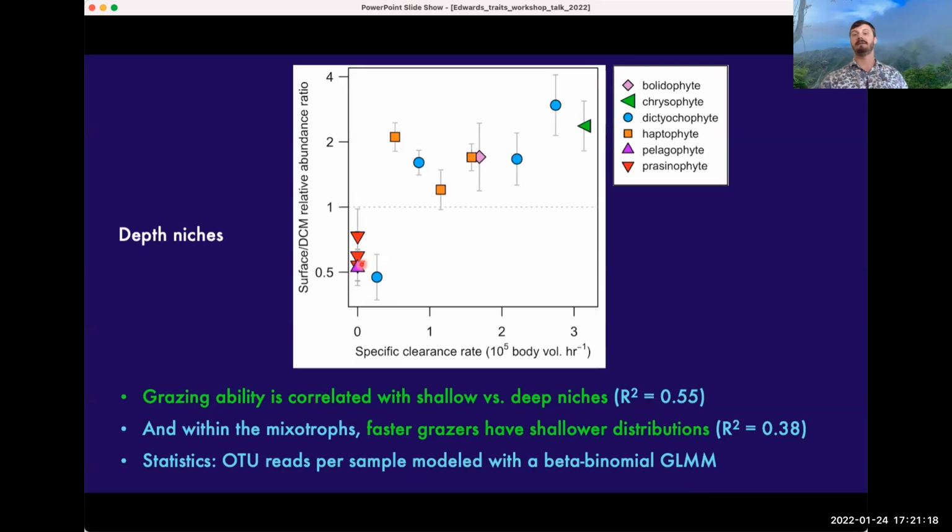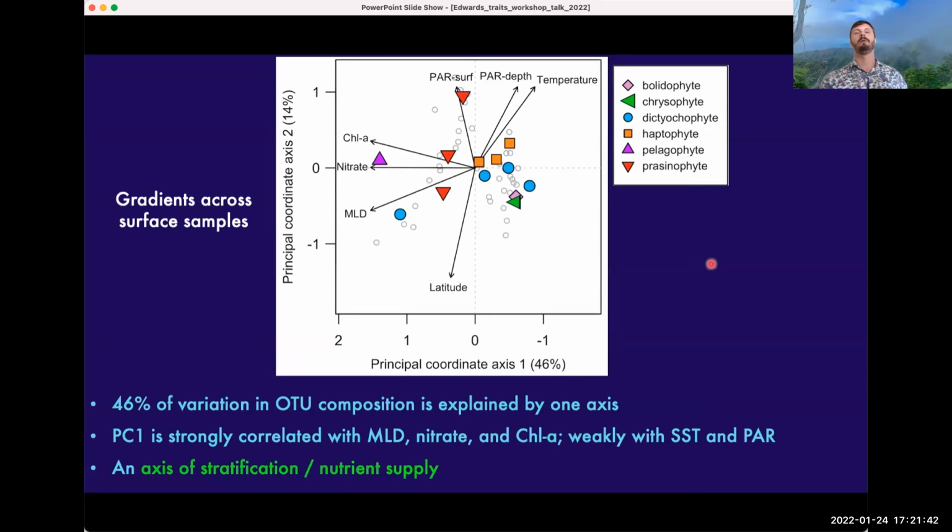Below the line, things that have deeper distributions. And there's a pretty strong correlation here. And I've put the autotrophs on this plot by giving them a clearance rate of 0. But you see a correlation even if you just look at the mixotrophs. So just within the mixotrophs, the faster grazing mixotrophs have shallower distributions.